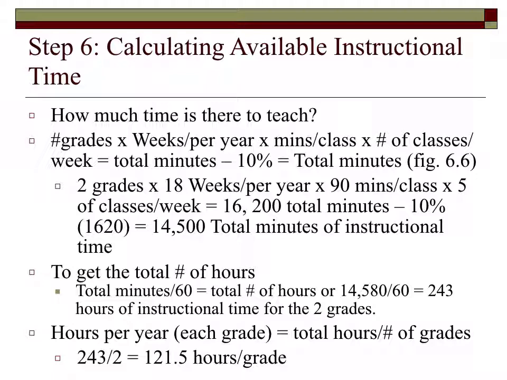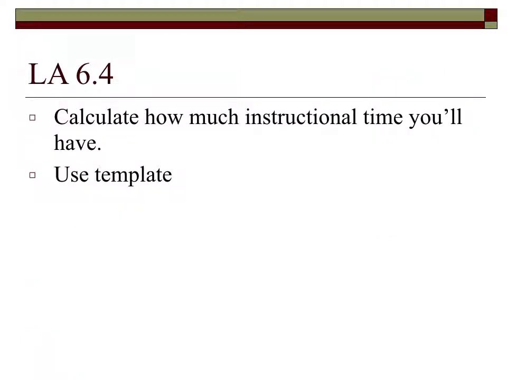You just have to go look at your information for your school and plug in the numbers. So you're going to do this in learning activity 6.4. You're going to calculate how much instructional time you have. Use the template I provided plus the examples I have provided to calculate your instructional time. Again, straight math, pretty straightforward, so hopefully it won't be too challenging for you.